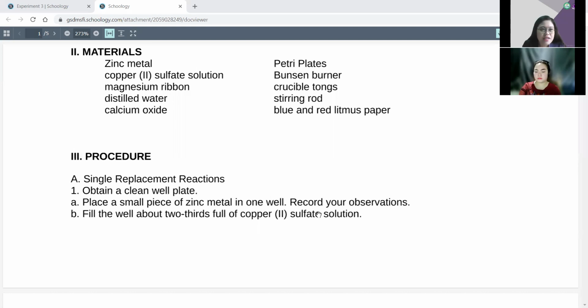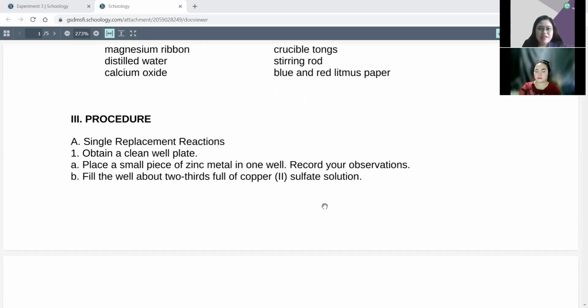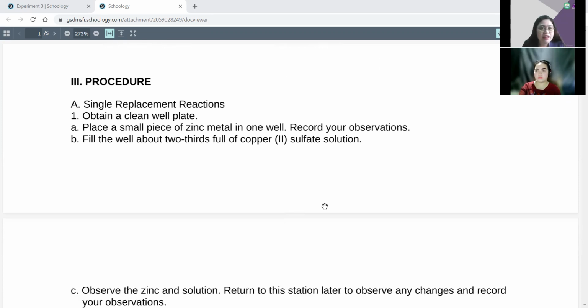So in this case, for this experiment, this is an actual procedure that is done in the laboratory, representing the different types of chemical reactions. For example, on procedure letter A, you have here the single replacement reaction, wherein you need a piece of zinc metal.